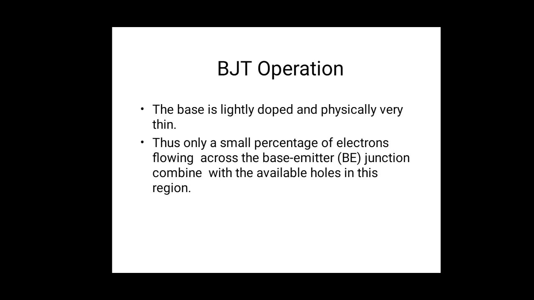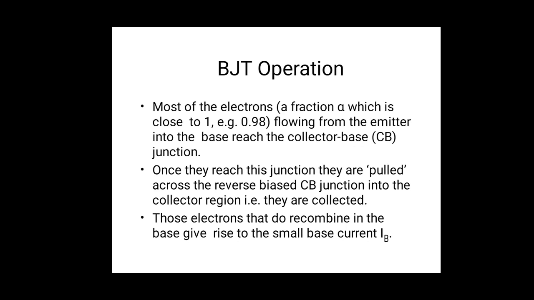Next, the base is lightly doped and physically very thin, so only a small percentage of electrons flowing across the base emitter junction combine with the available holes in these regions. Most of the electrons, a fraction approximately equal to 1, for example 0.98, flow from the emitter into the base and reach the collector base junction.